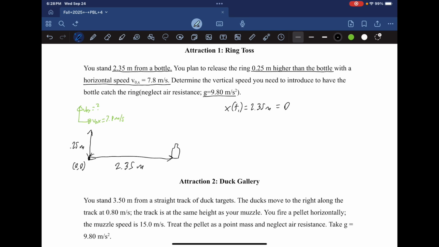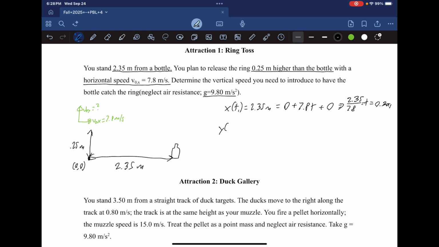So we can just solve this for time: 2.35 over 7.8 equals t, which equals 0.301 seconds.